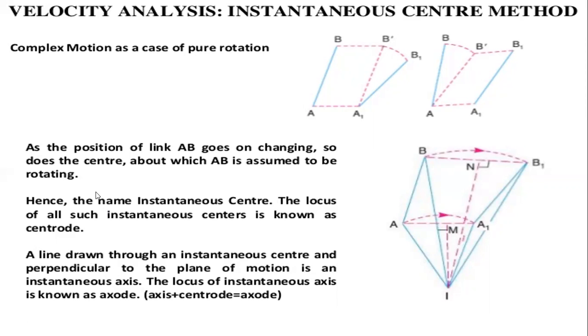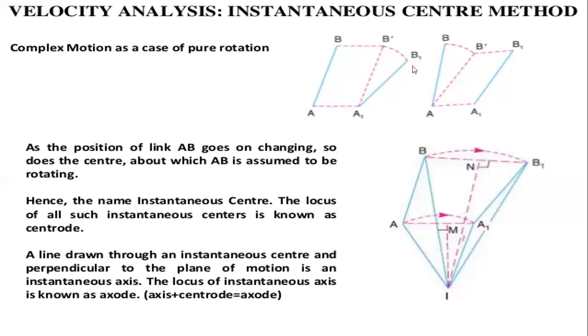Next, a line drawn through an instantaneous center and perpendicular to the plane of motion is an instantaneous axis. The line drawn through the instantaneous center is the line perpendicular to the plane of motion. So this is the plane of motion here, A1 B1 and A2 B2.